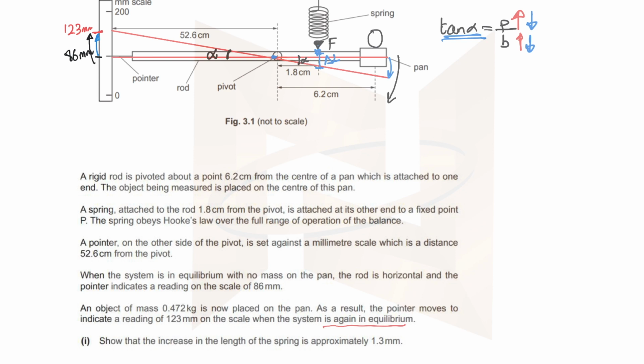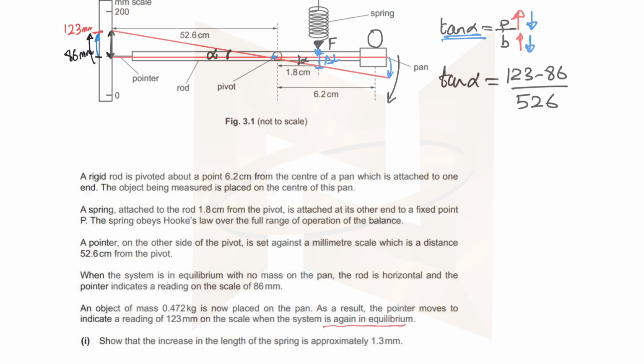Now, how do we find out what is tan alpha? So tan alpha on this side should be equal to tan alpha on this side because the angle is the same on both sides. Angle is equal on both sides. So if I consider this triangle over here, tan alpha should be equal to this distance, which is 123 minus 86, divided by 526 because I've converted centimeters to millimeters.